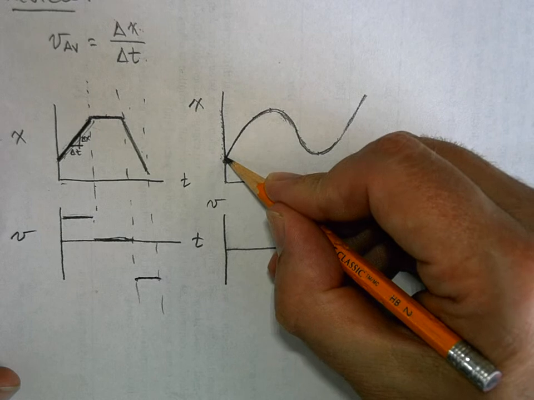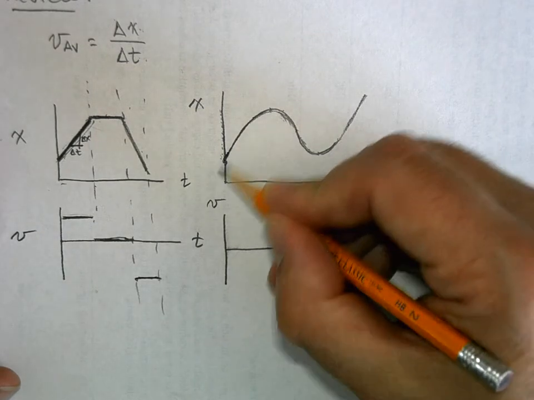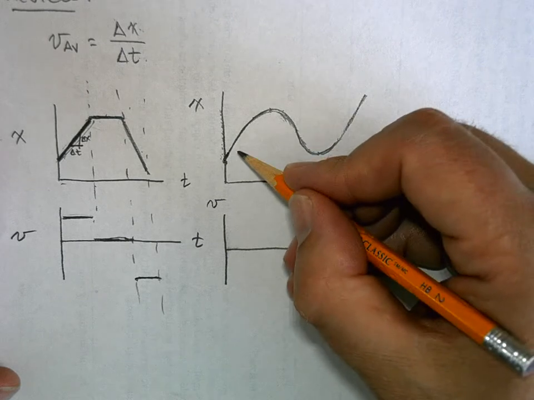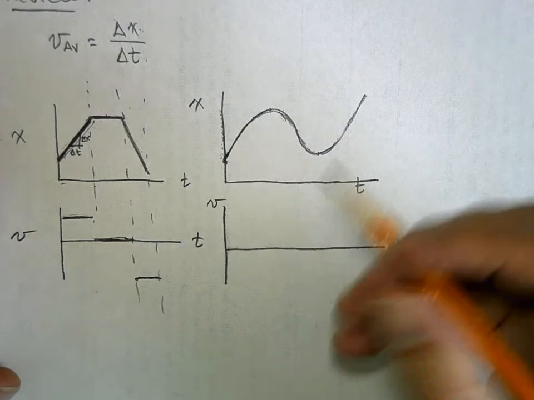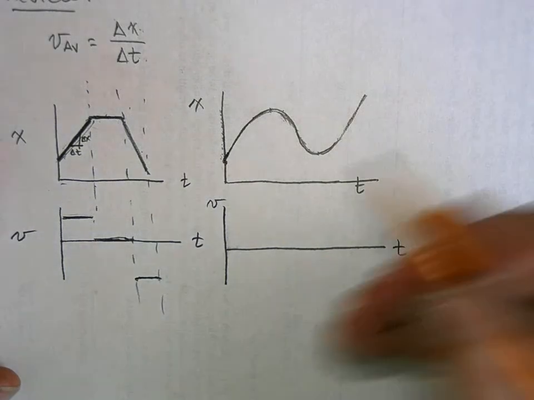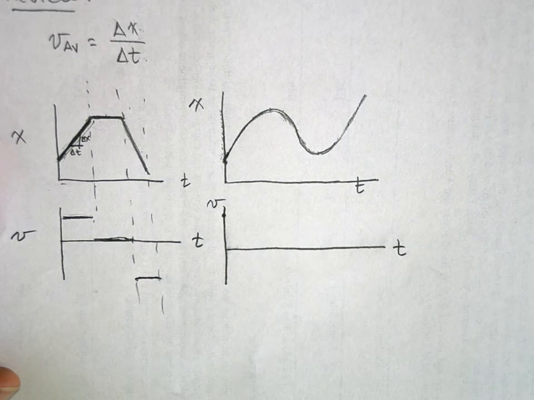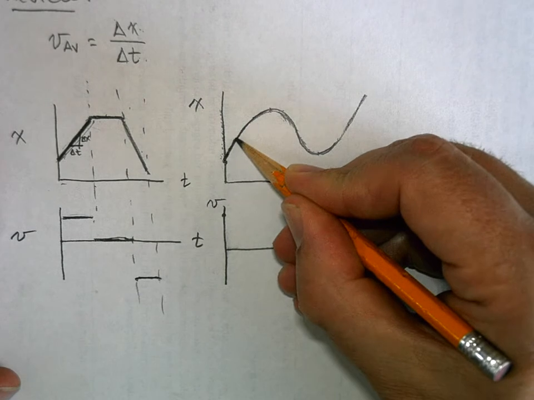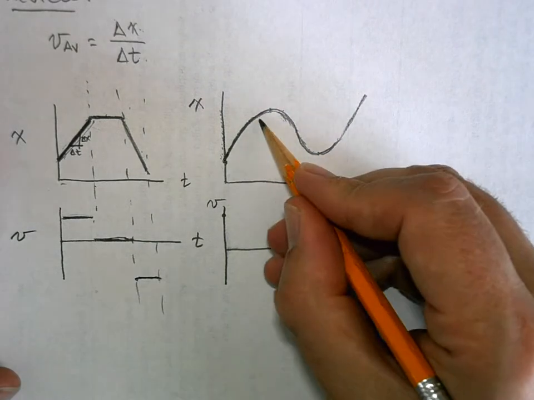So I can figure out, well, what's the slope right here? The slope right here, you see it's positive, and it's pretty steep. So I'm going to say, okay, that means my velocity is pretty fast and positive. But what's happening to the slope of these little tiny line segments as I move along the graph?